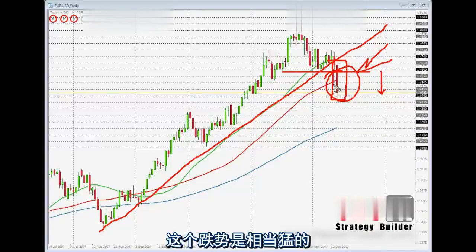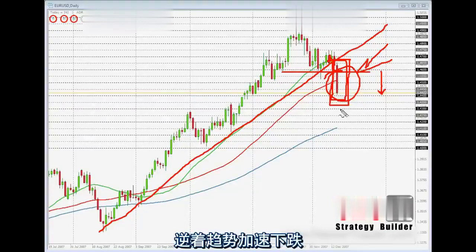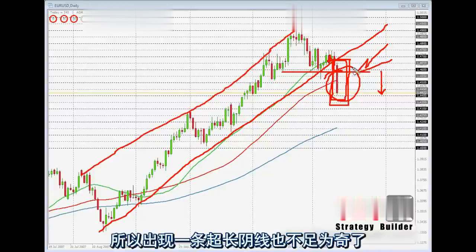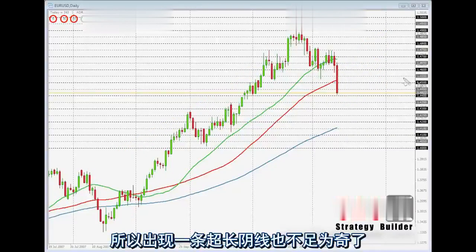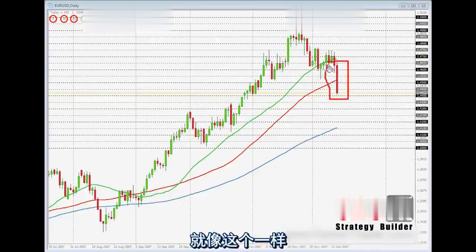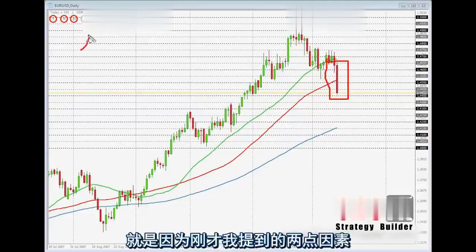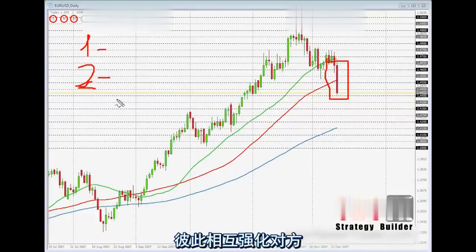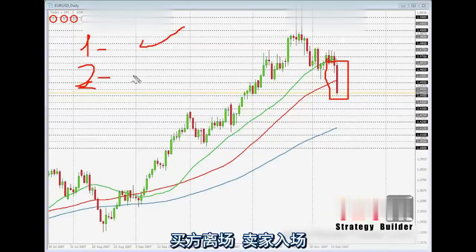Once the breakout is confirmed, we see a massive acceleration against what had been the trend. This trend is probably broken, so it's not strange to see a massive red bar such as this one, because those two reasons strengthen each other. The bulls get out of this market, and the bears decide to show up.